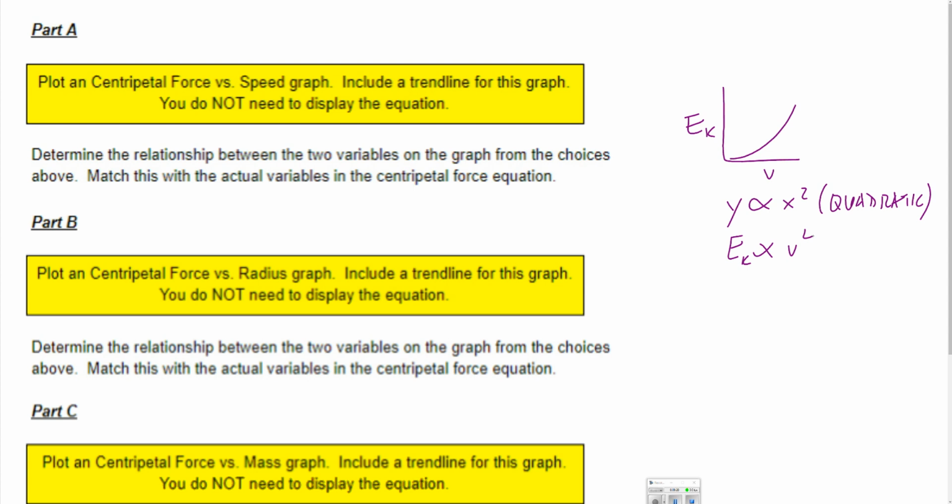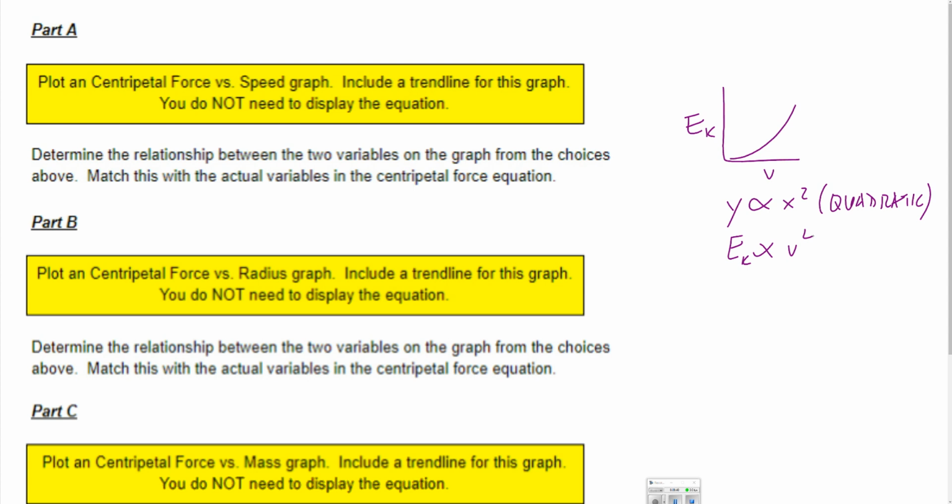You see what I mean there by matching it up with the variables in the actual equation? So write down the relationship. Y is related to x squared. It's a quadratic relationship. And then relate that to your actual variables. EK is related to V squared, or F is related to whatever the case may be in these particular ones.